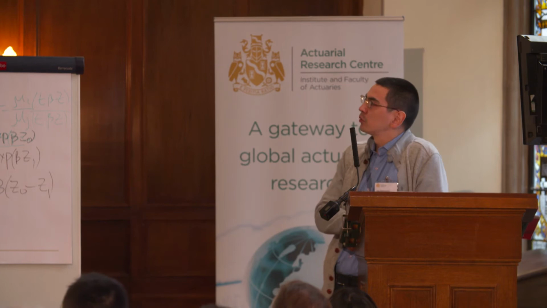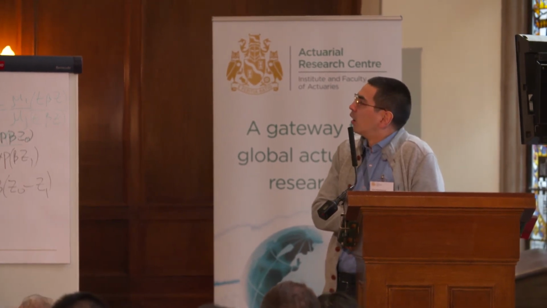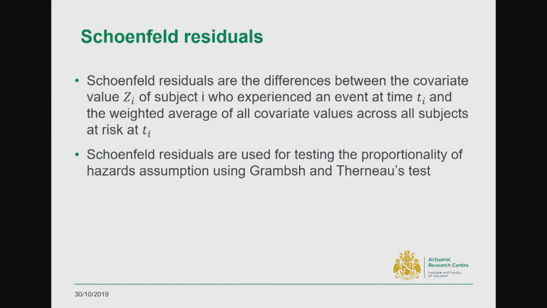But we also want to have a look at the Schoenfeld residuals. The Schoenfeld residual is the difference between a certain covariate Zi of subject i, who has experienced an event at time t, minus the weighted average of all covariates.